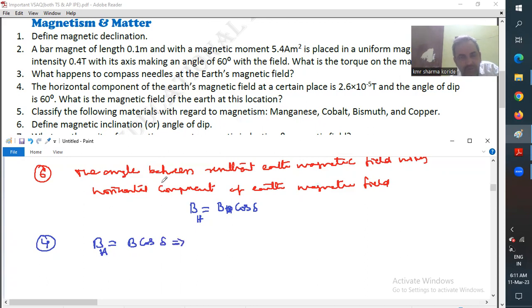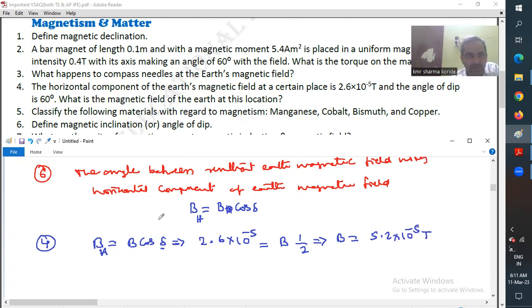They mentioned the horizontal component in the question, so it is 2.6 into 10 to the power of minus 5. They are asking us to find B. Cos 60 is 1 by 2. So the resultant magnetic field will be 2.6 into 2, 5.2 into 10 to the power of minus 5 Tesla.